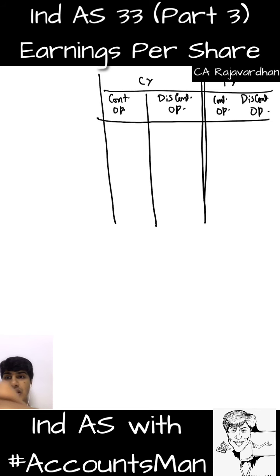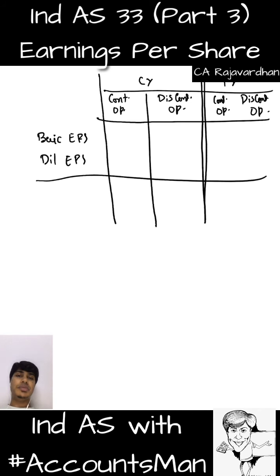And for each of it I would have to compute basic EPS, diluted EPS to be computed separately. If in case basic EPS and diluted EPS are the same, assume that it is 10, so I'll write 10 like this. You need not write it as a separate column. If it is different, then you would have to write it as a separate column item.